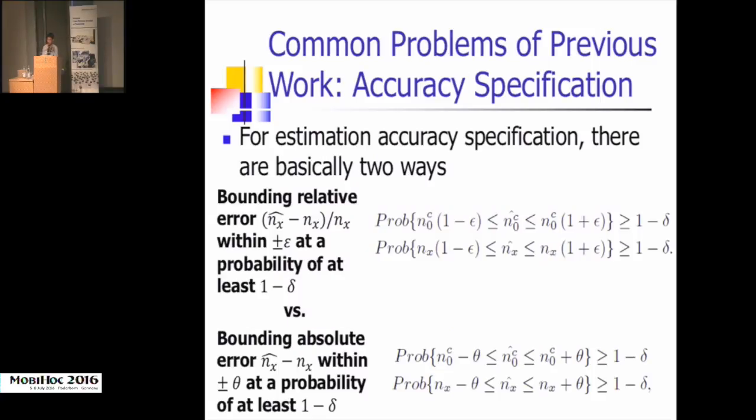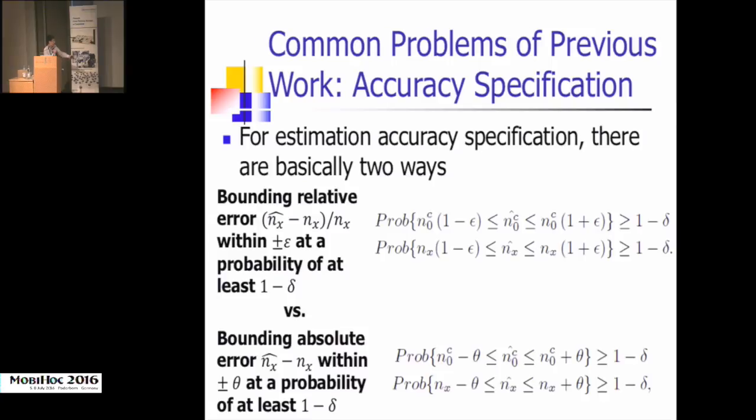And the previous work actually has two common problems. First, they specify the accuracy using the relative error bounding model. And as we know, for estimation accuracy specification, there are basically two ways. One is to bound the relative error, and you can see this equation.